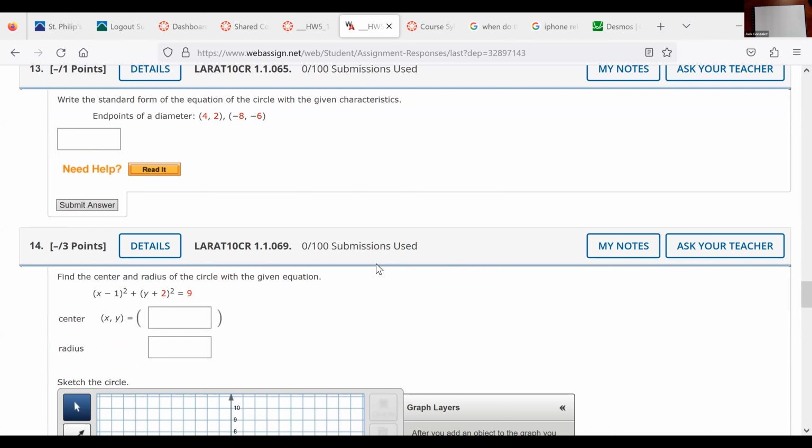Thirteen is a little more involved. Do you see how you would approach this?